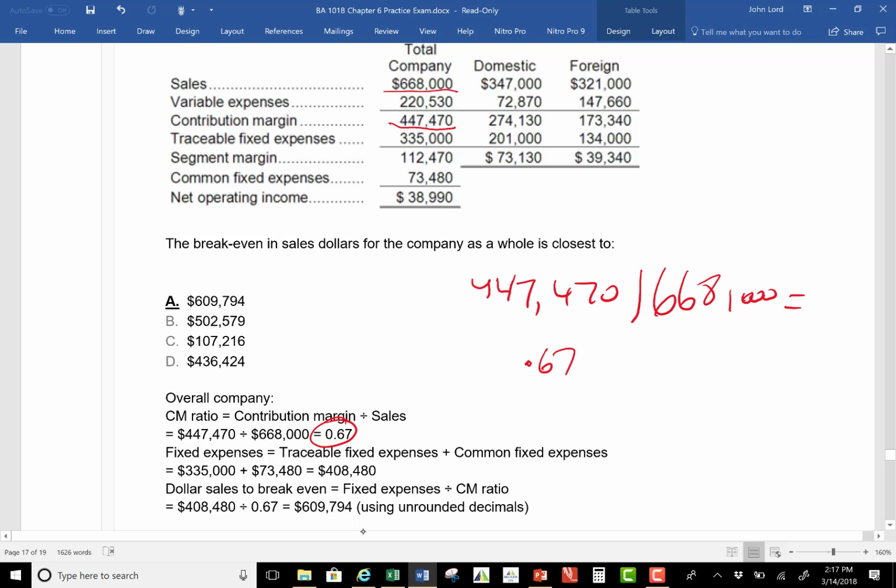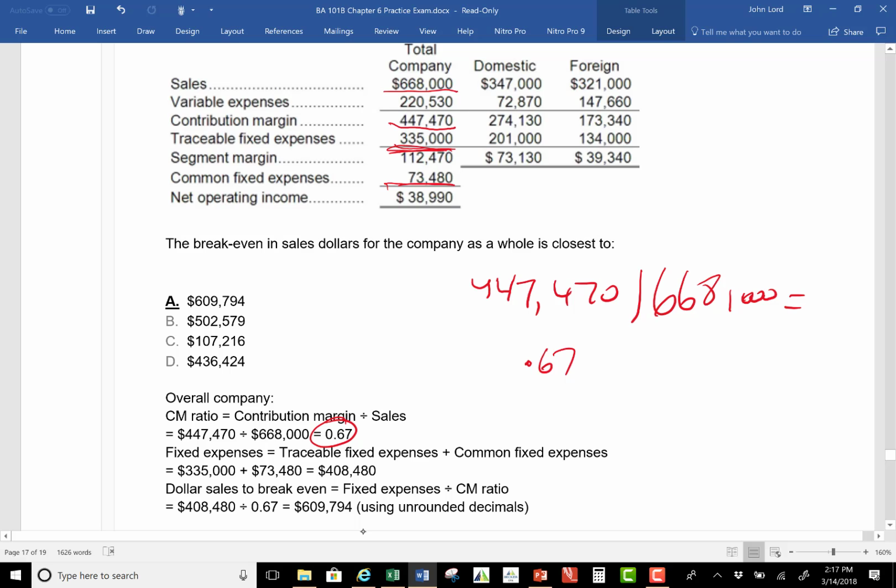If I want the break even, we simply take the total fixed expenses. We have to pick up all of the fixed expenses, don't we? So we pick up the traceable fixed expenses and the common, non-traceable fixed expenses, if we're trying to get the overall company break even.